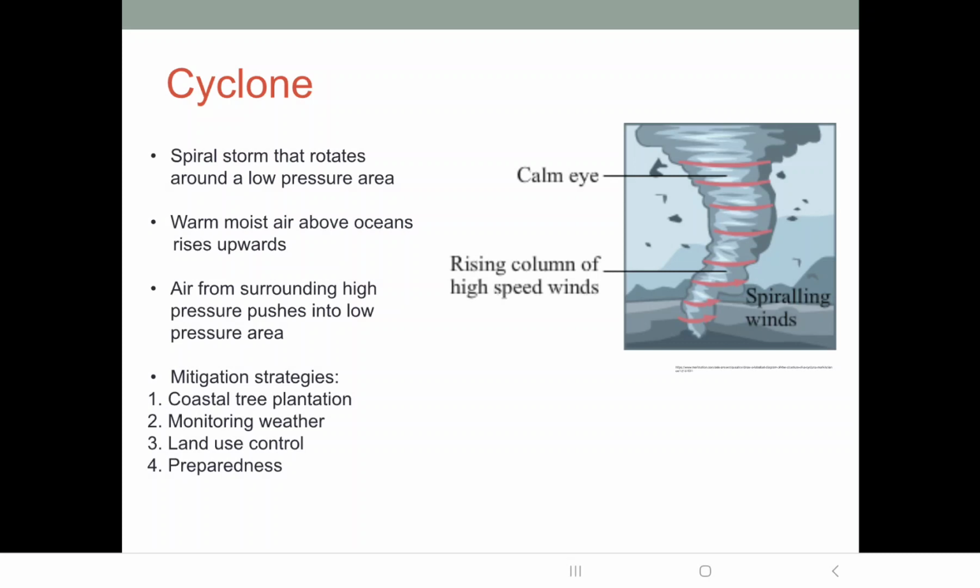Then preparedness. Adequate preparedness has to be on the side of the government and also the people. People have to be mentally prepared for the effects of cyclone, if they are living in the coastal areas. So first of all, they should be given insurance cover. Then they should be mentally prepared that cyclones might occur, and in that case they have to shift to the interior parts.